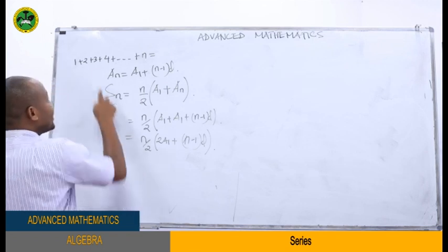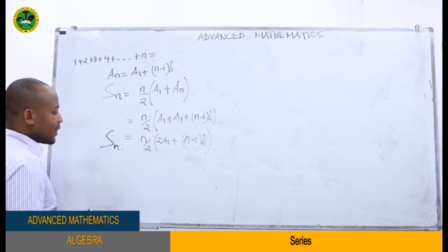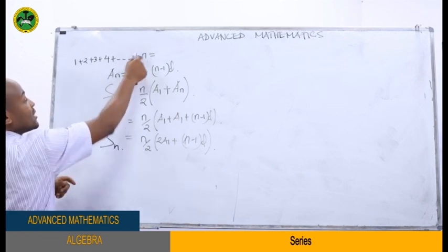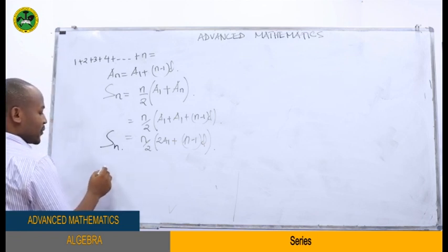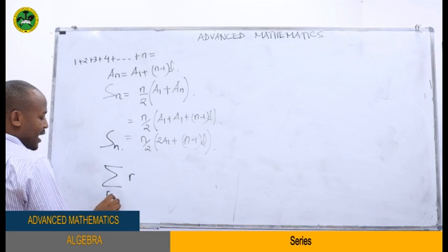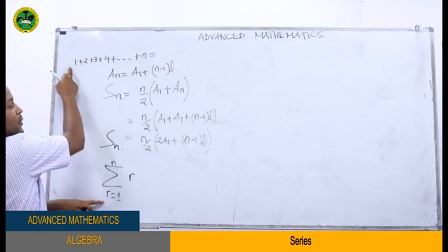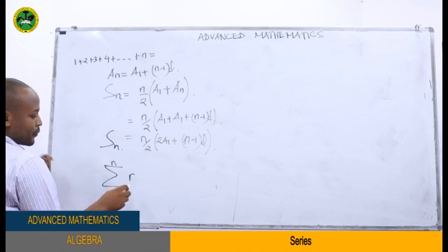Now let's see how we can write that into sigma notation. Remember, we are summing to any terms, so we can use this symbol: the summation of r terms from r is equal to 1, that means the first term, to any terms. The nth term is written up there.